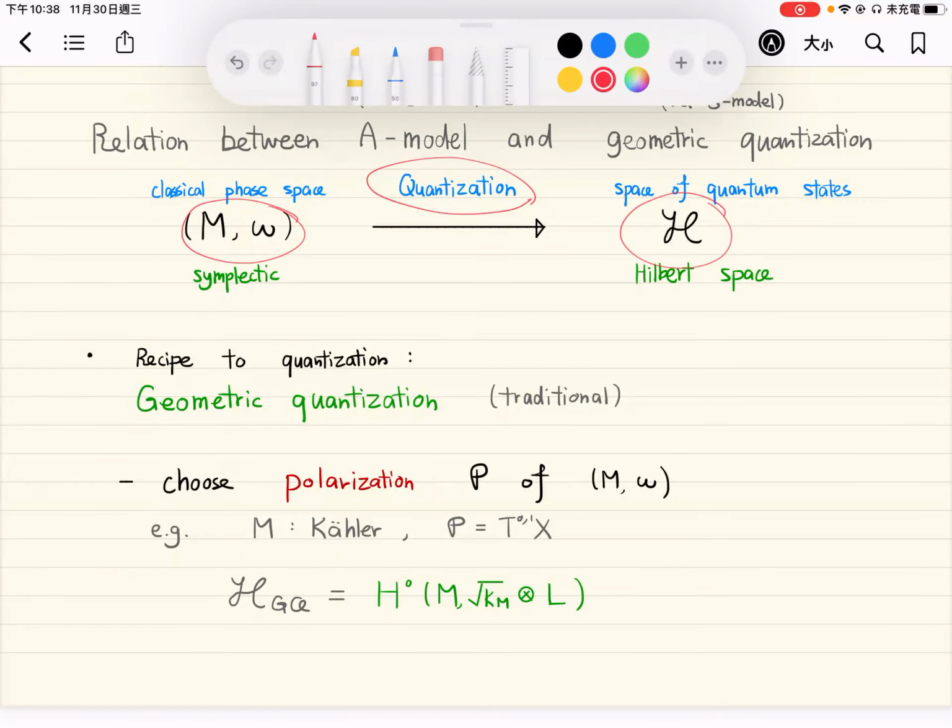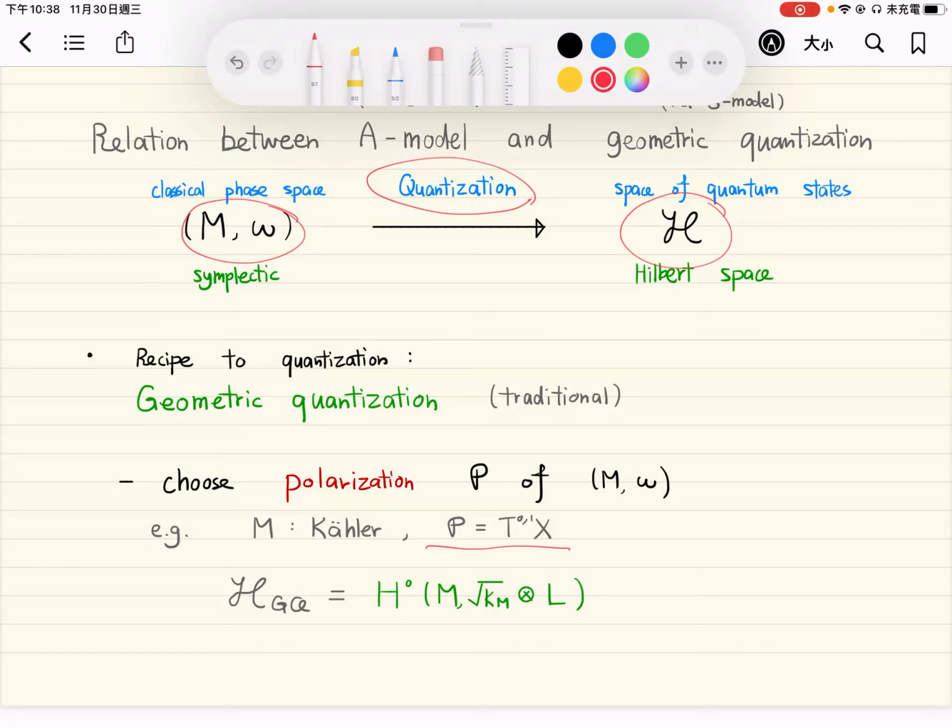If you undergo this geometric quantization, then you need a choice. The choice is a polarization of the symplectic manifold.